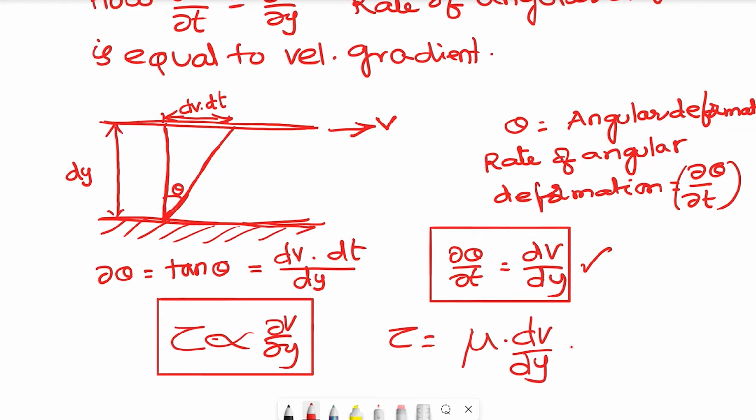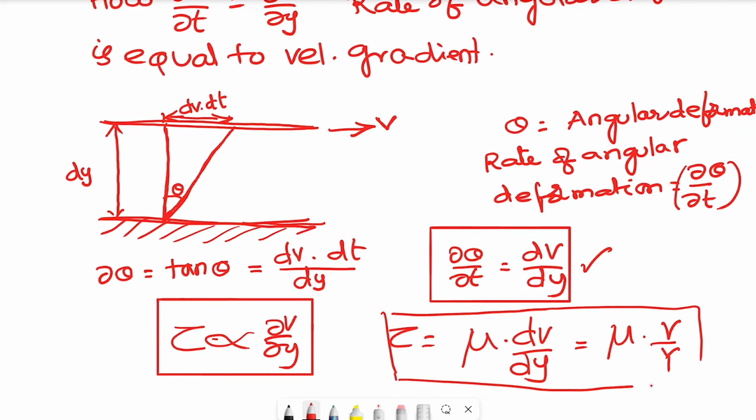And in problems, we actually use the simple relation tau is equal to mu into v by y. Why? If you take the same phenomenon, logically we get similar triangles, and dv by dy is over a very short distance, but over some quantifiable distance it will be mu into v by y. So this is the expression that we will use in solving problems.